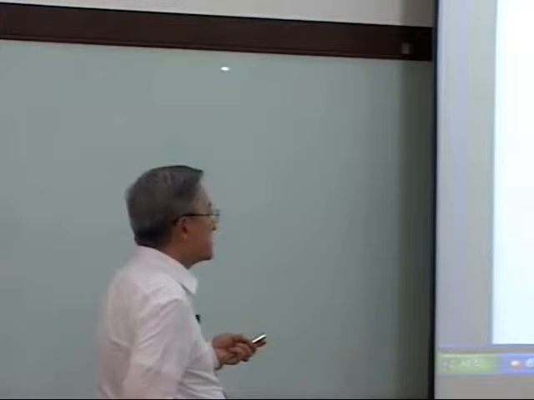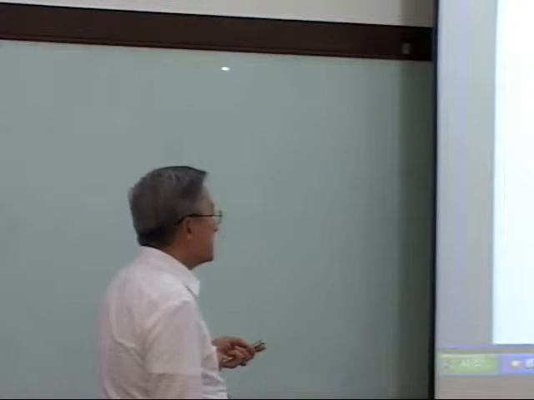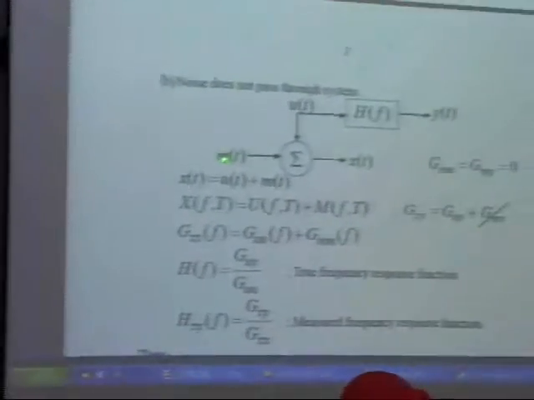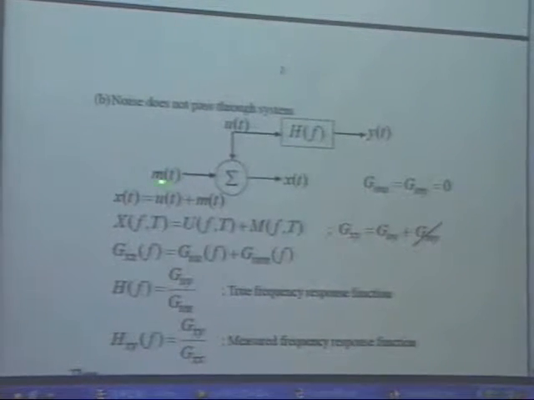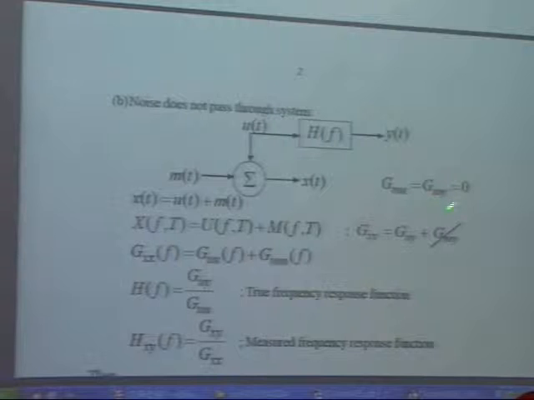So here is a system, here is input. It's really pure input. This is a noise. But in this case I said here GMU and GMY. So M is an uncorrelated noise.